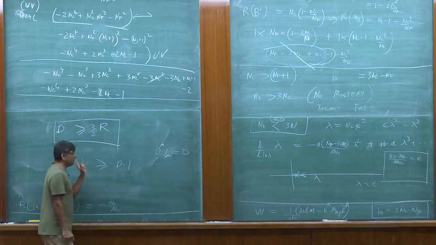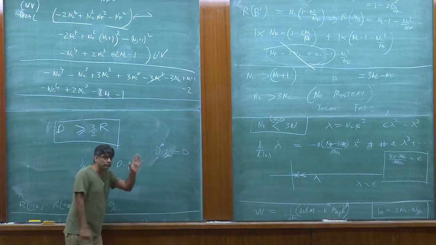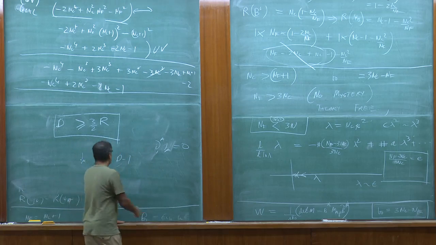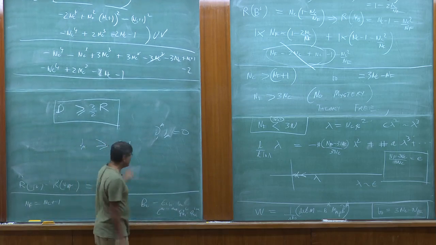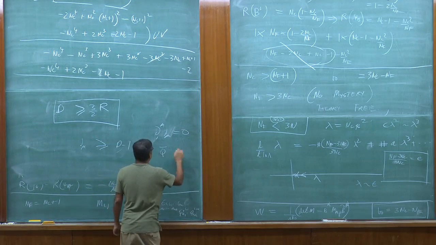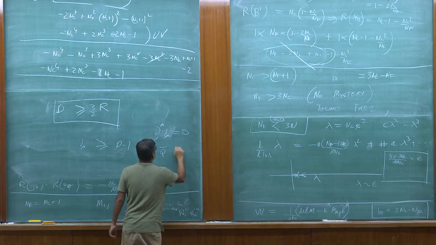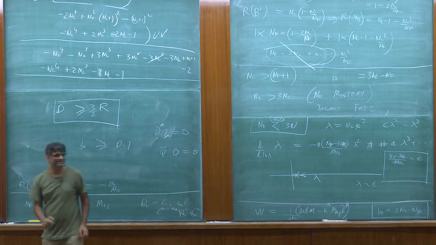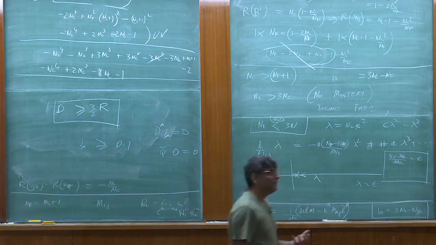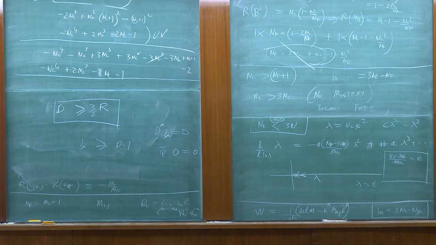What I wanted you to remember was that when bounds are saturated, there is an equation that you write. This bound is saturated when either Q or Q bar, but in this particular case, Q bar on the operator is equal to 0. Okay? But Q bar on operator equal to 0 is an equation that holds for the lowest component of a chiral multiplet.